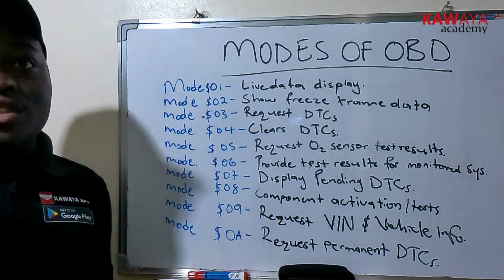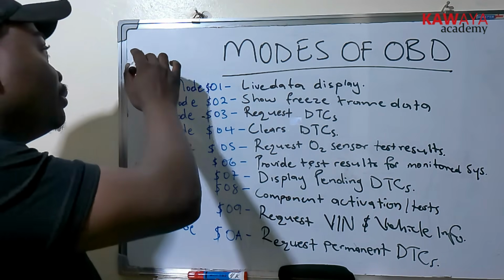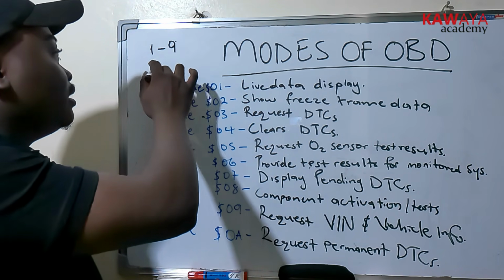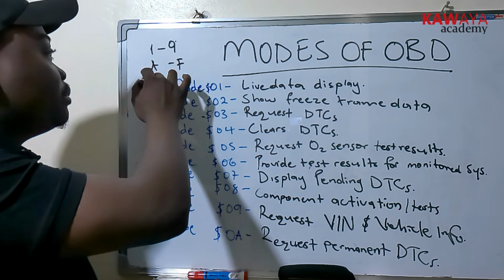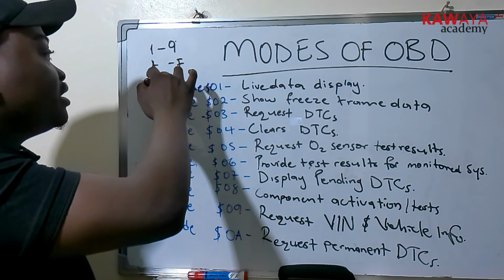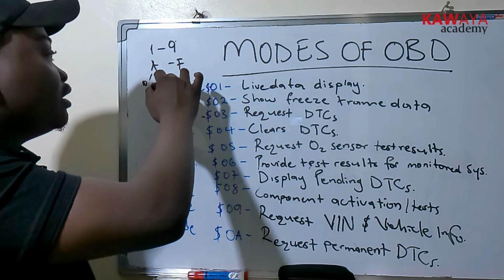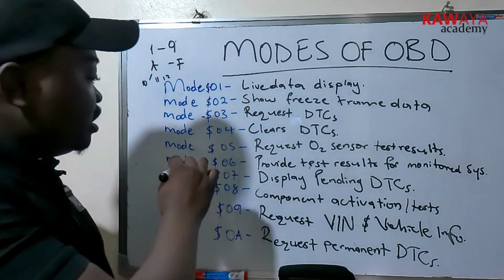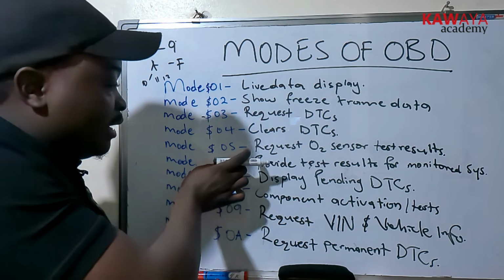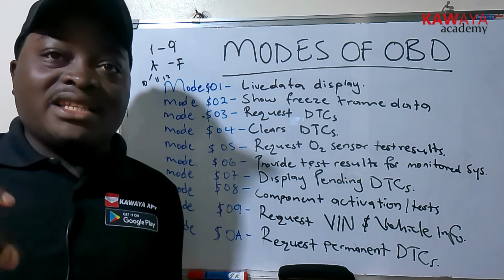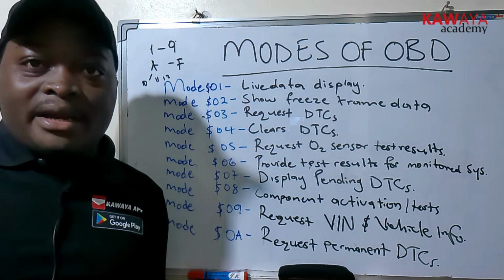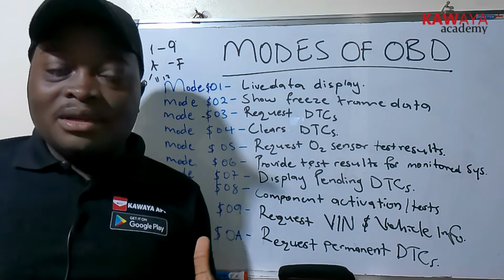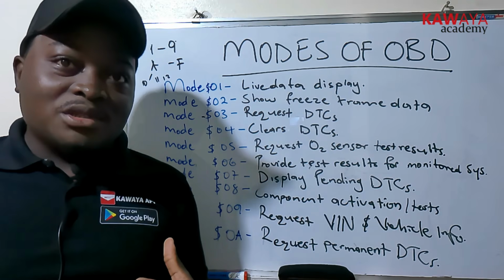The numbering is based on 16 numbers. We have 1 to 9, and then A to F, where A represents 10, B represents 11, C represents 12, up to F to make 16. So if you see a $ sign on any numbering, it means that that is a hexadecimal numbering. And the numbering is like this because we are dealing with the OBD system, which deals with ECUs or computers.